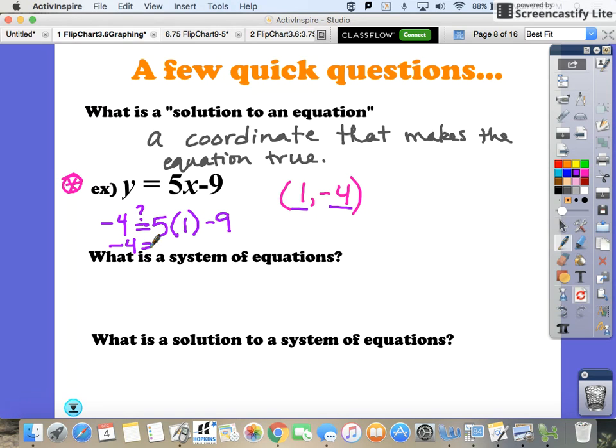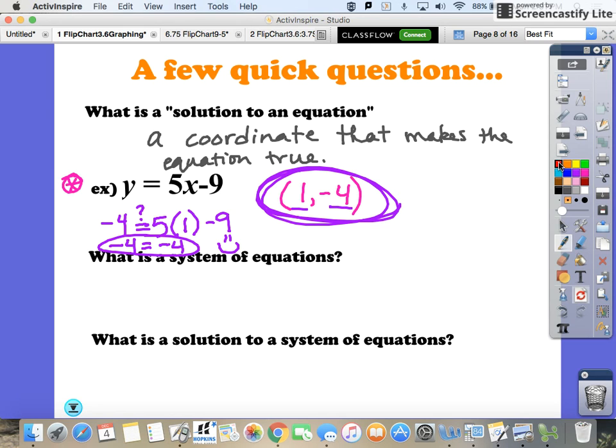Well, 5 times 1 is 5. 5 minus 9 is -4. So since this is true, that means that this is a solution to the equation. Again, it's a coordinate that makes it true.